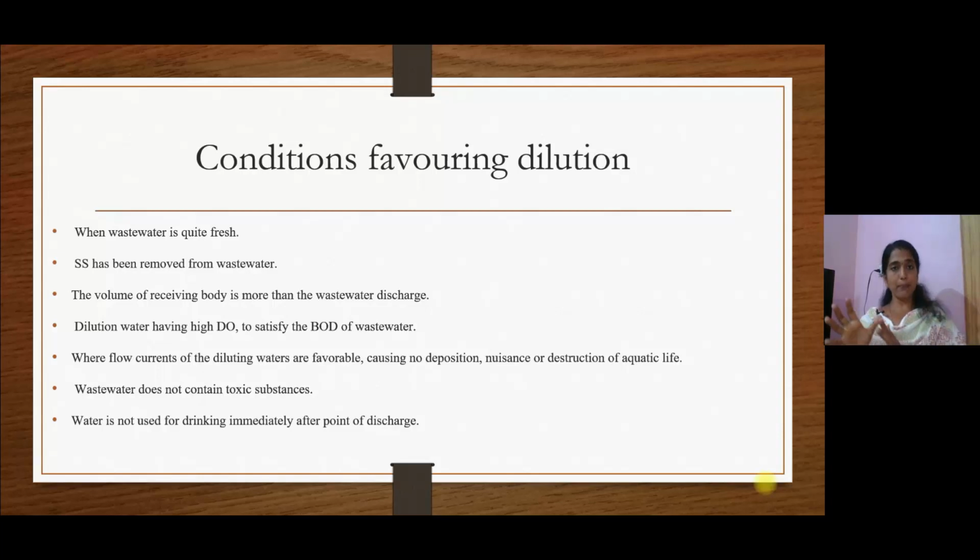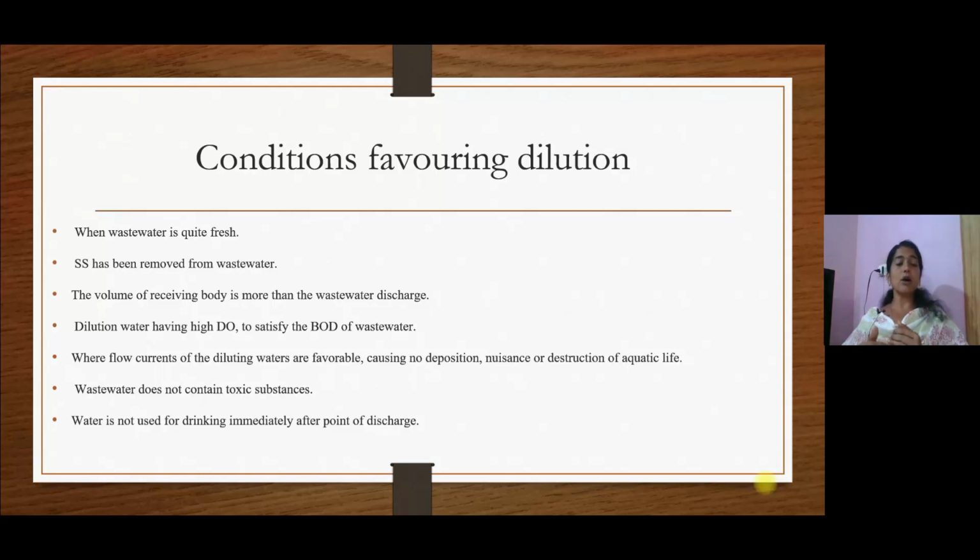The flow should happen in a proper way so that the dilution will happen in a proper manner, and no deposition should happen there at the point of mixing, and no floating things will float on the surface of the water body, so that the entering of oxygen into the river water is blocked, and no nuisance should happen, and no destruction of aquatic life should happen in the water body.